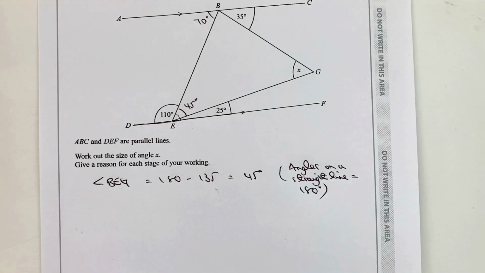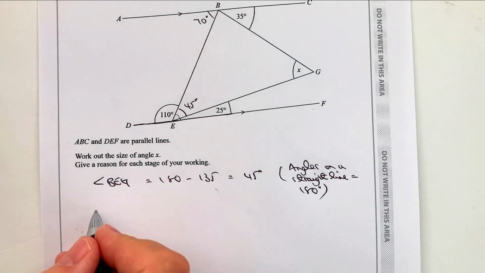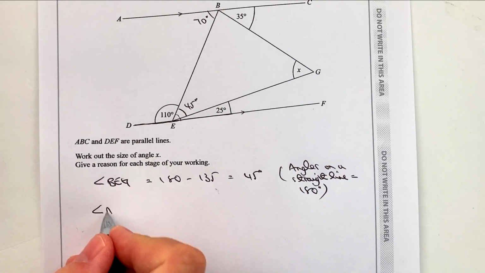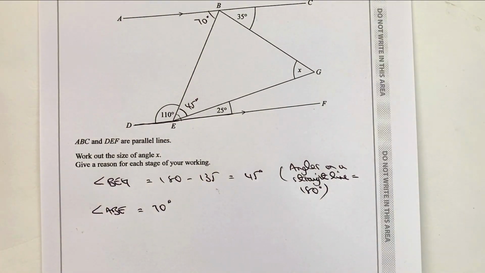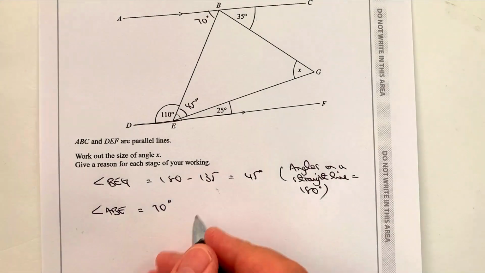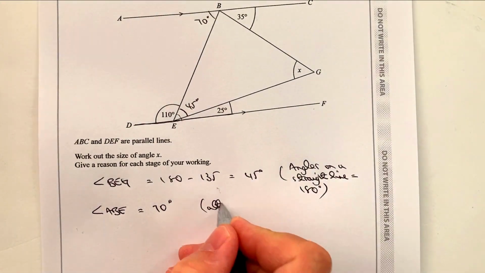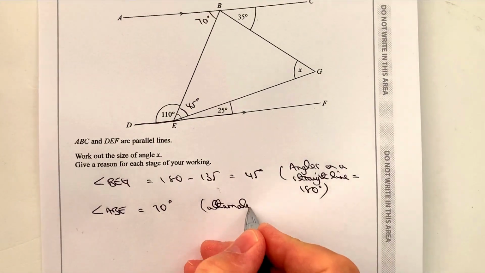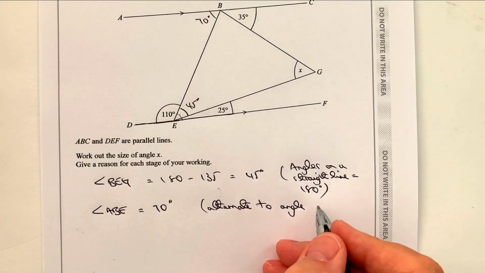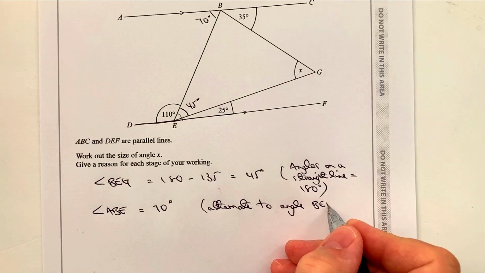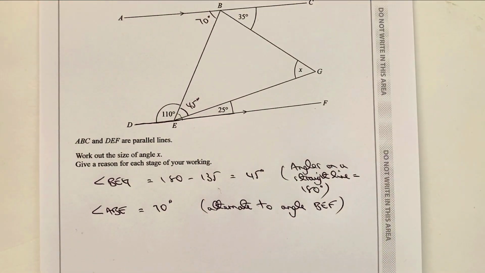Now, the reason we can say that is because this angle is angle ABE equals 70 degrees. Now, the reason we can do that is because it is alternate to angle BEF.